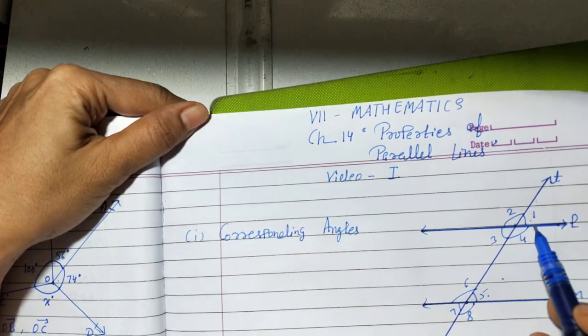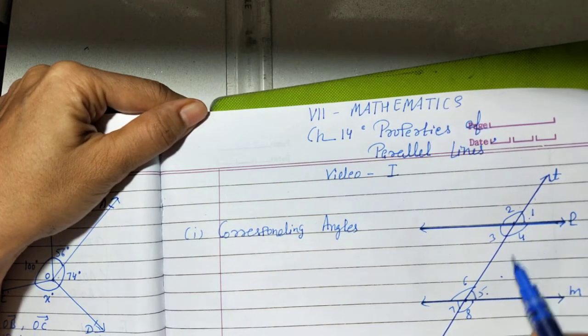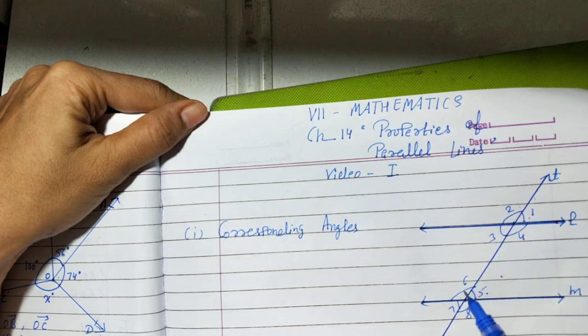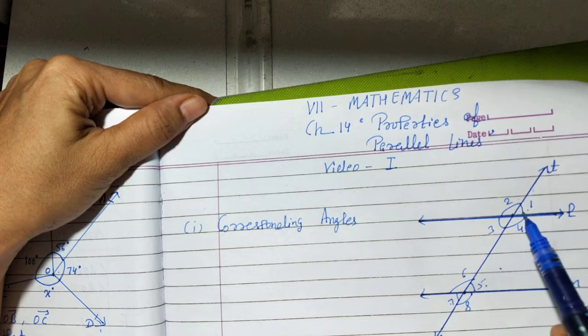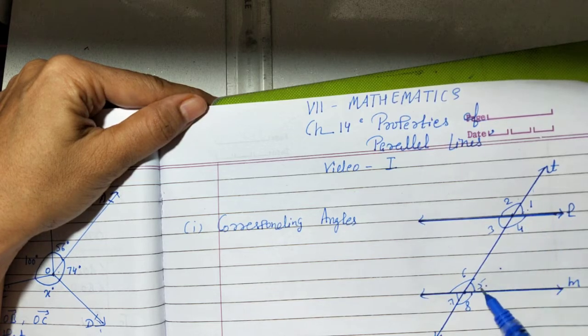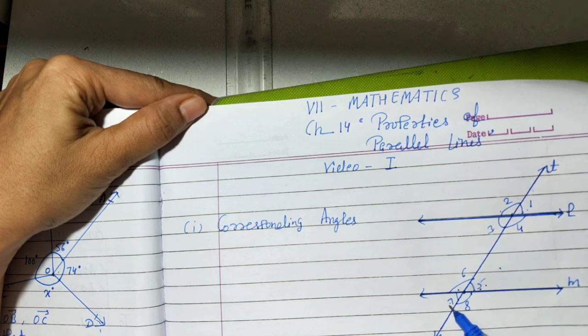Both are in the same direction, you can see. Angle 1 and 5, angle 2 and 6, angle 3 and 7, angle 4 and 8. There are four pairs of corresponding angles.